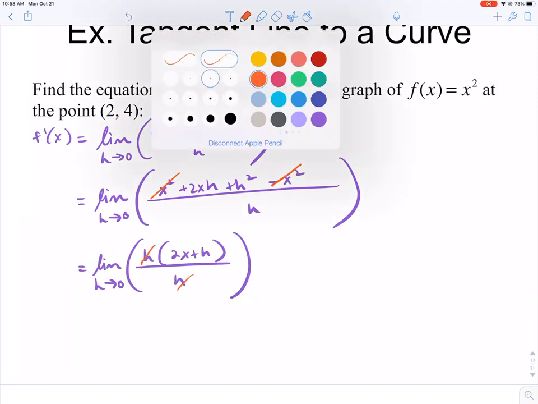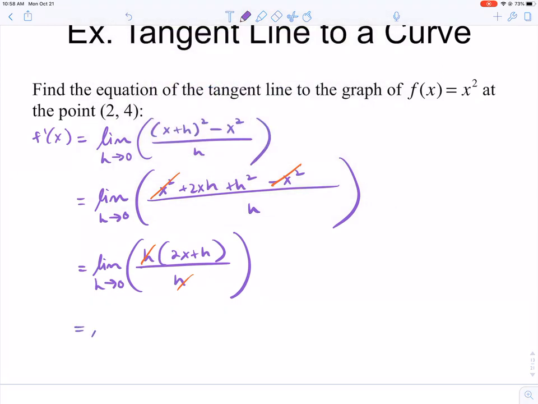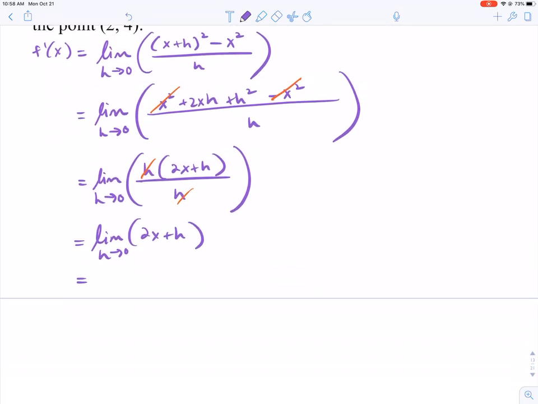So that the h in the numerator cancels with the h in the denominator. And then we can use direct substitution, and when we use direct substitution, we're just left with 2x.